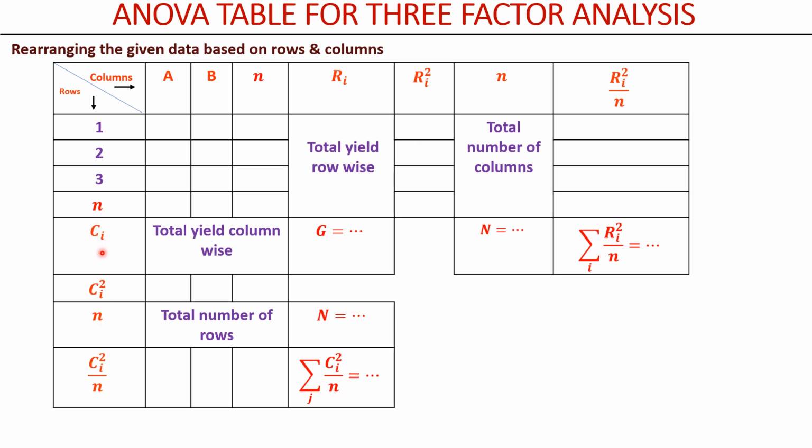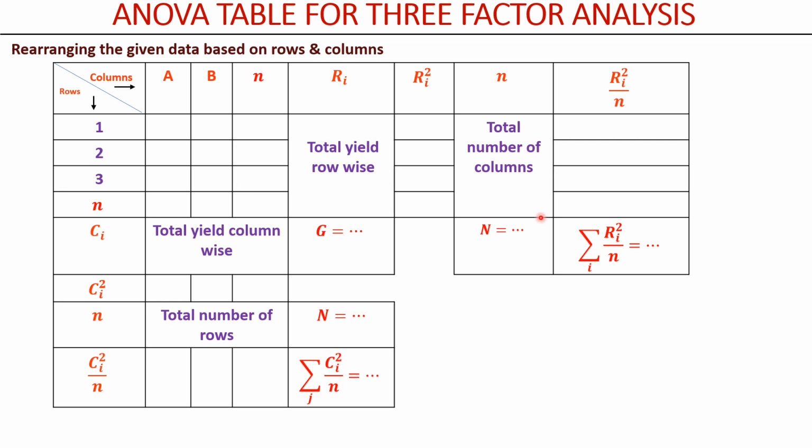Here we are calling Ri and Ci just to represent row total and column total. And n is the total number of rows and number of columns, which is the same. So capital N will therefore be equal. Then we calculate the mean yield along the columns, which is sigma Ci square by n, represented here. So it's a fairly easy table to remember once you have done RBD.